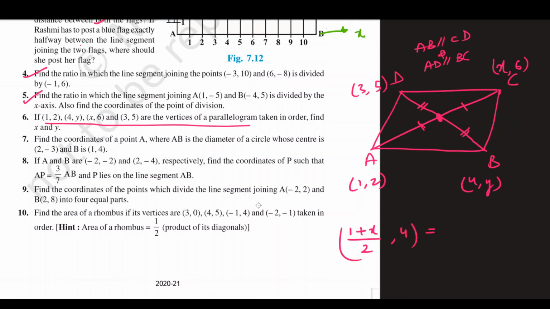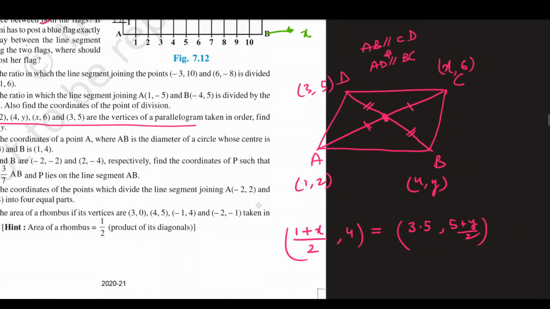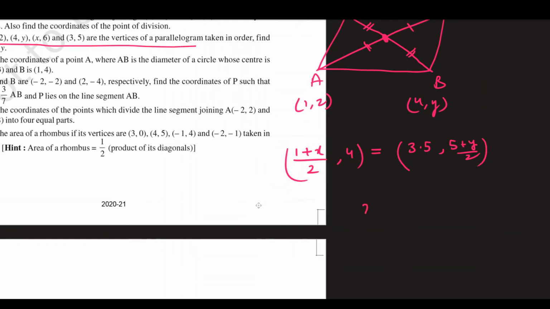And if it is the midpoint of BD, then this set of coordinates should be equal to (4 plus 3)/2, that is 7/2, 3.5, comma (5 plus 5)/2. So just equate these two and you will get x is equal to 6 and y is equal to 3.